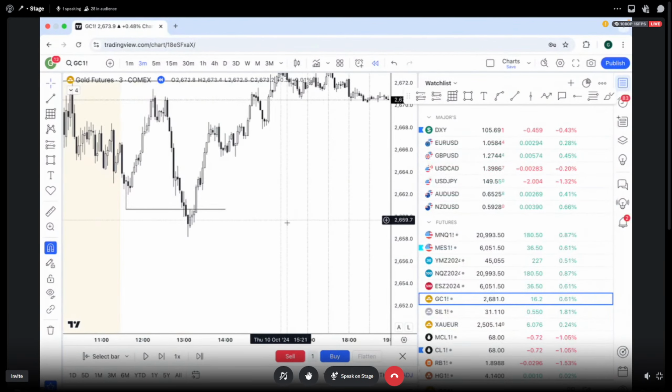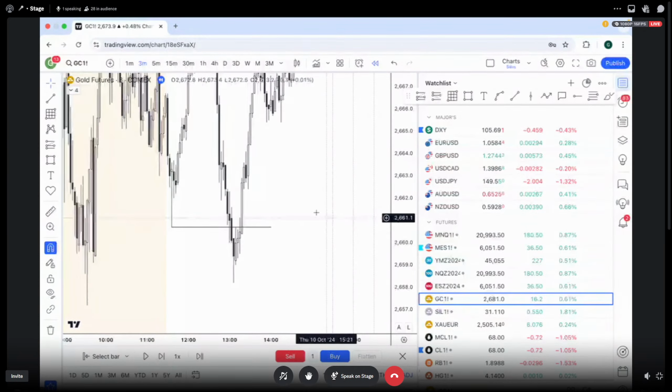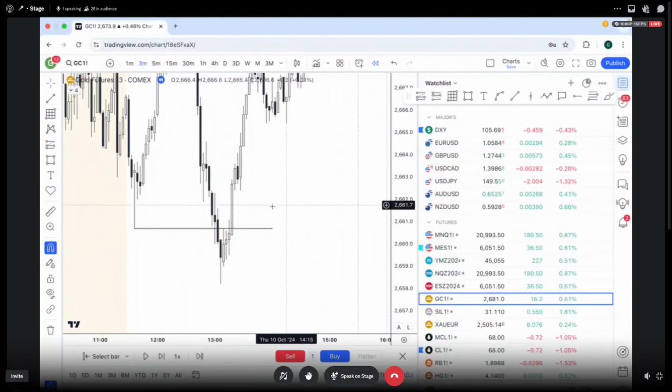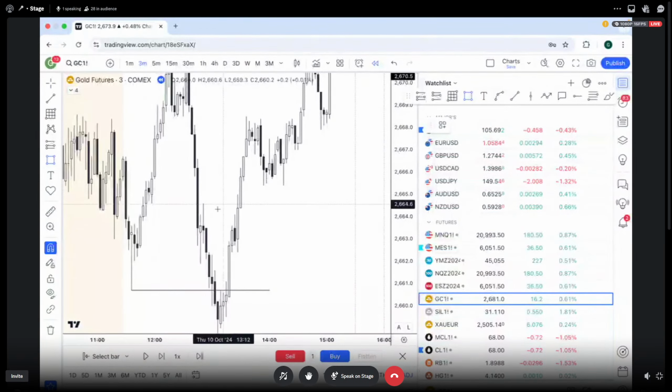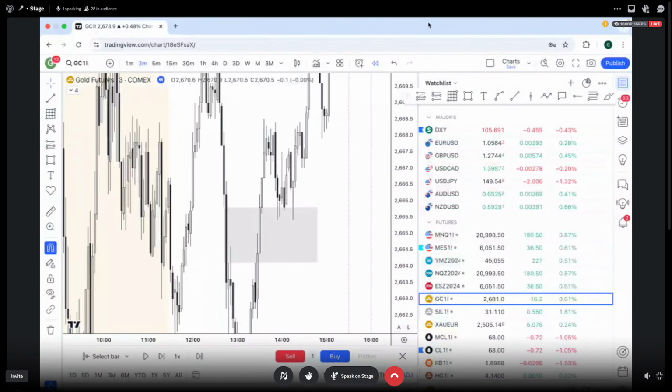And I'm not entering up here. It's not worth it. The RR would be really bad. But something like this, right, at least 2R, it's not bad. And then of course we're also in 1 hour expansion candles, right? You see these expansion candles?